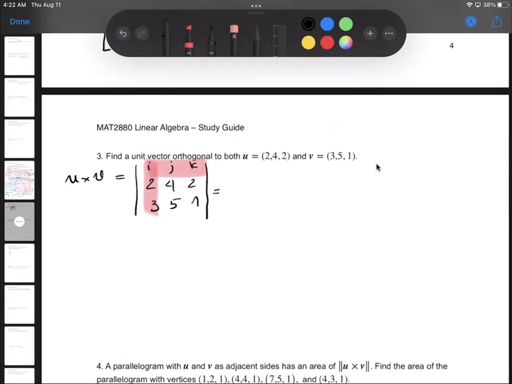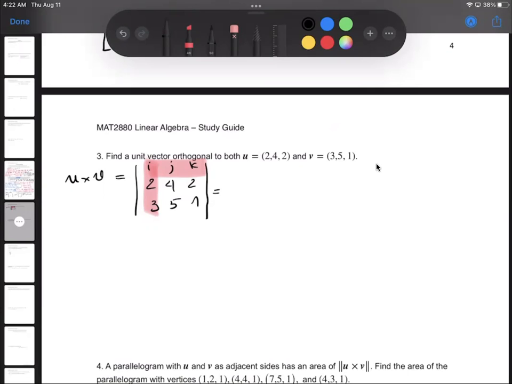What about j? 2 minus 6. And don't forget the signs as well: plus, minus, plus. 2 minus 6 is minus 4, with another minus in front of it, so plus 4j. Now k: 10 minus 12, minus 2k.